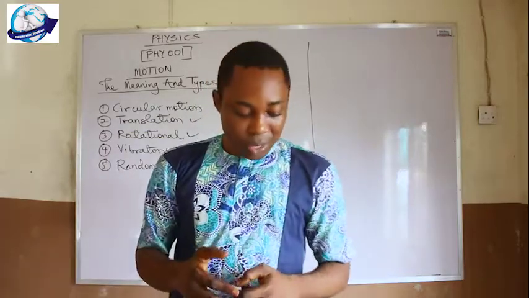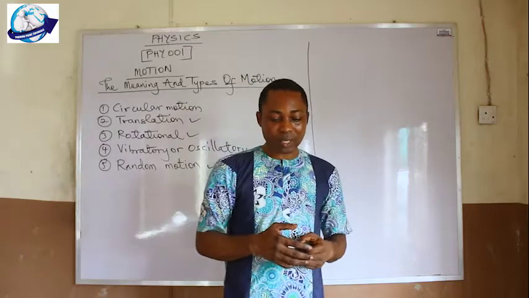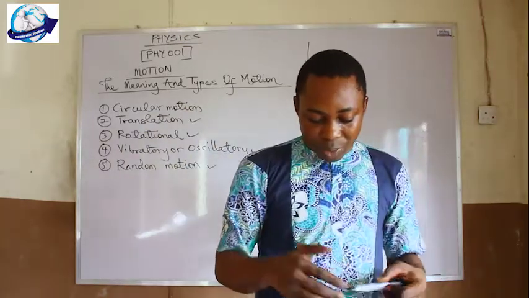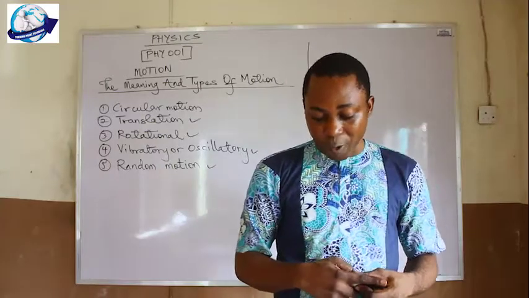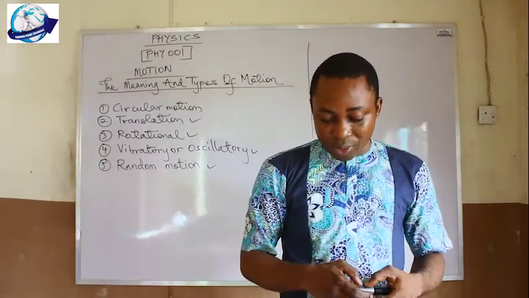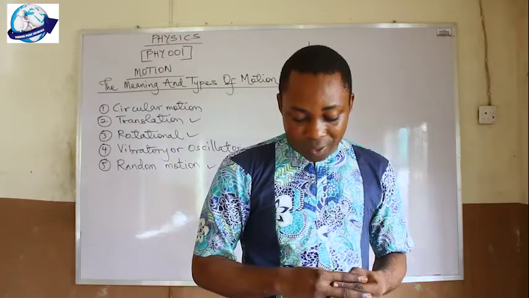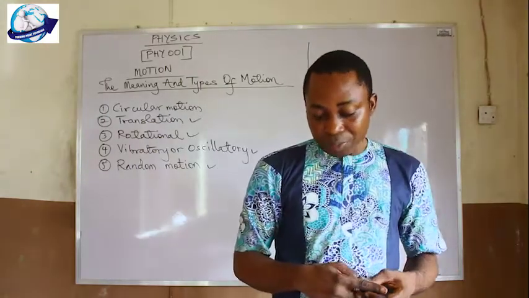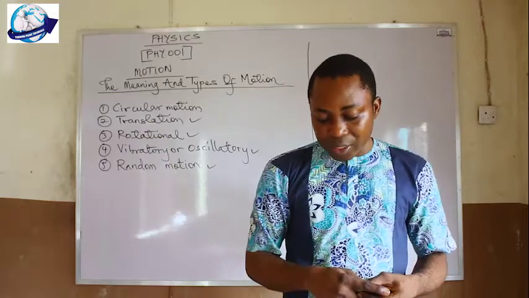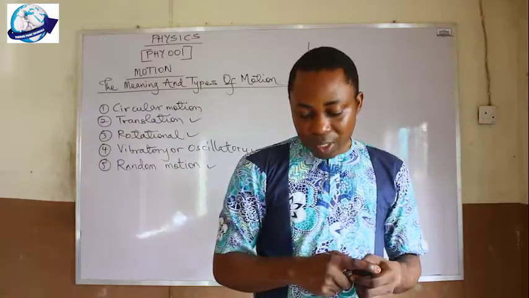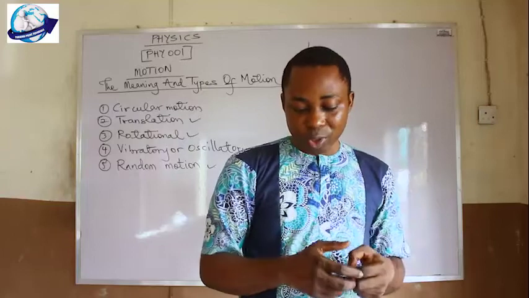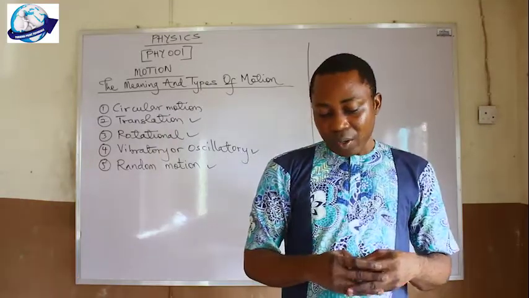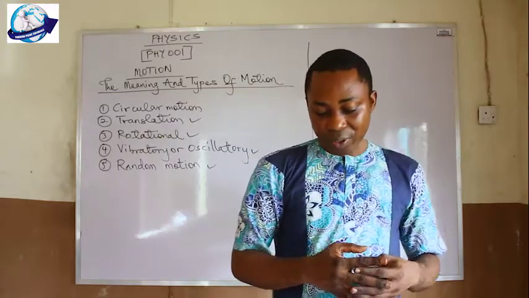When we go further, there are other types of motion we consider, such as relative motion. Relative motion is the motion of one body as compared to a second body, which could be moving or stationary. Then in the study of motion, there are two things we always remember: scalar quantity and vector quantity.